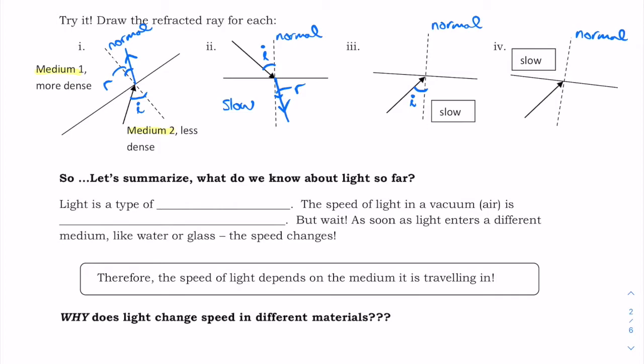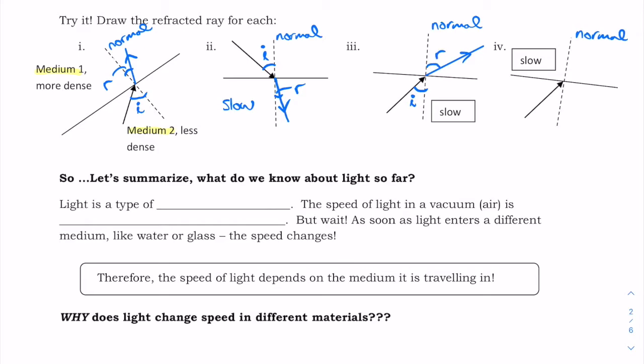In other words, a more dense to a less dense material. Light will always travel faster in a less dense material. So in this case, the light will bend away from the normal, something like this. And that's your angle of refraction.